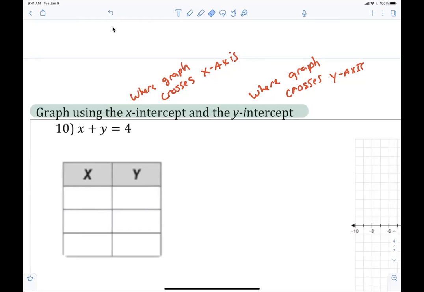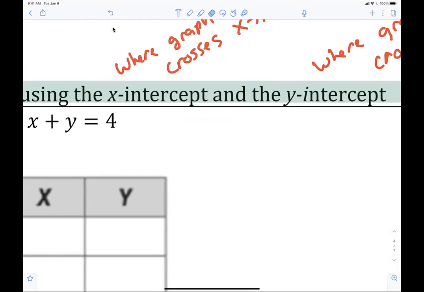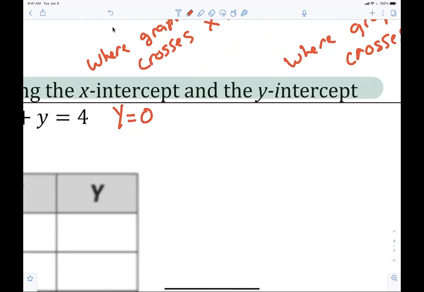All right, so right under x-intercept, I need everybody to put down y equals 0. Underneath the y-intercept, that's when the what? X equals 0. Brilliant. You with me now?